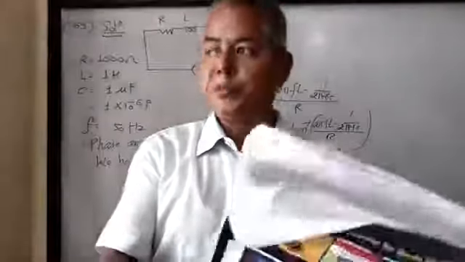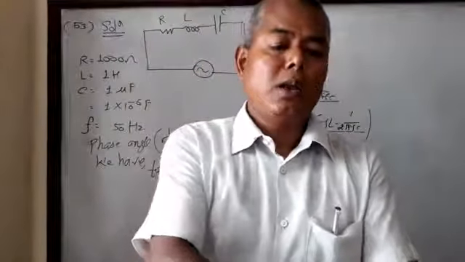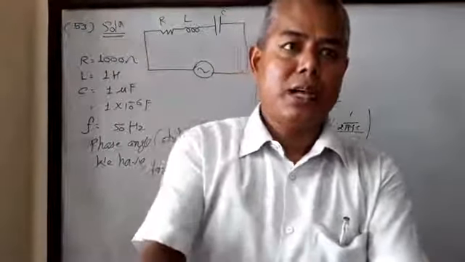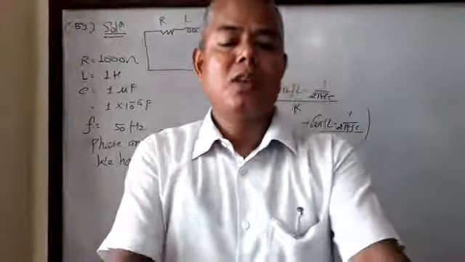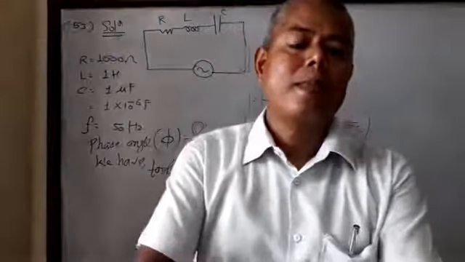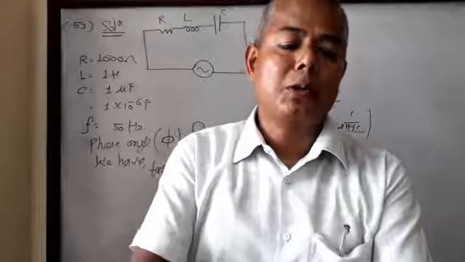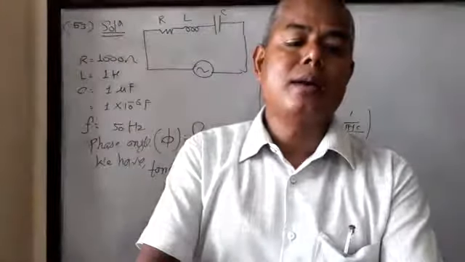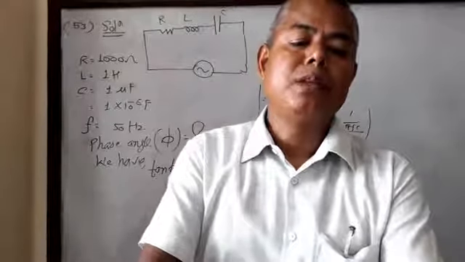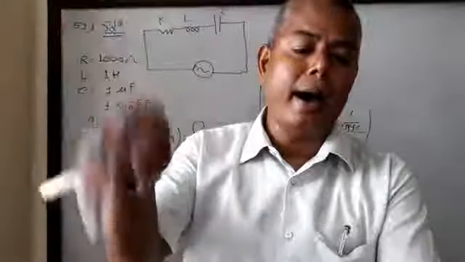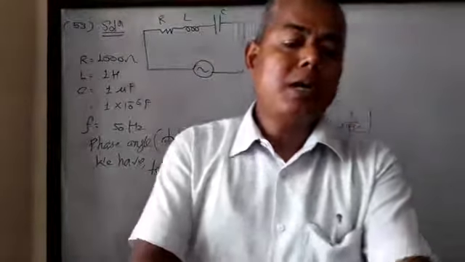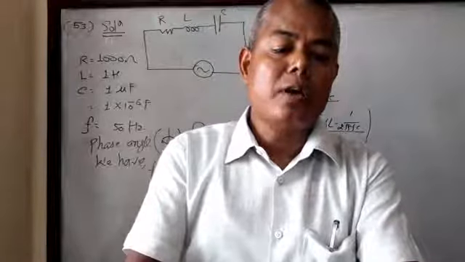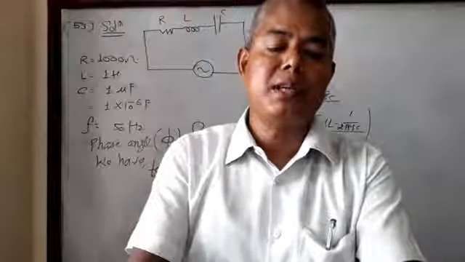Now another question, question number 54. Listen then. A coil having inductance and resistance, the coil has both L and R. Sinusoidal voltage 5 V RMS from an oscillator of frequency 50 Hz, frequency is also given.